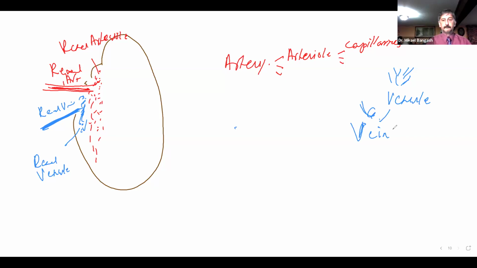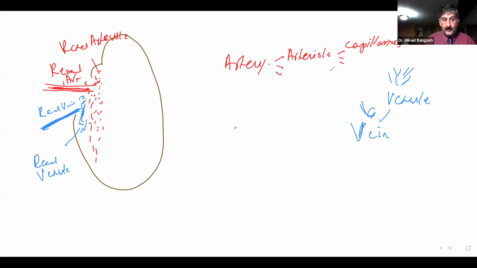Did you guys get that? So the capillaries come together to form the venules, and the venules come together to form the vein. Exactly. Please keep in mind, this is for all other organs in your body.